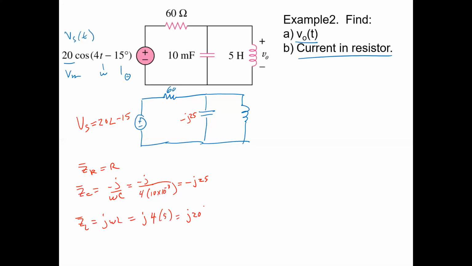It's going to be J20. So I put our J20 here, and we want to find phasor VO. We also need to find phasor IR.